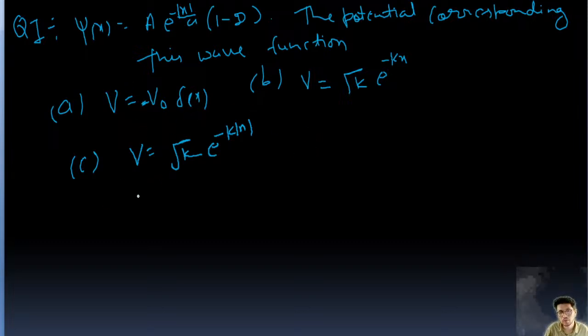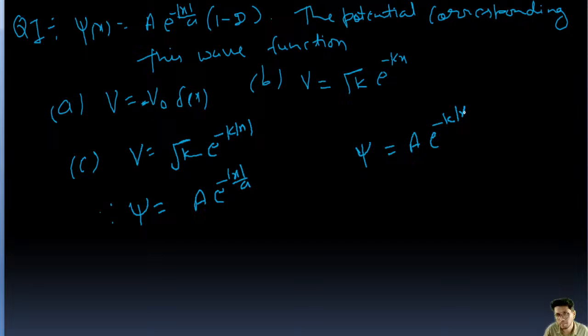Since the wave function psi is in the form A e to the power minus x upon a, and we know the standard form of the wave function for the Dirac delta potential is A e to the power minus k mod x, here the value of k is 1 upon a.